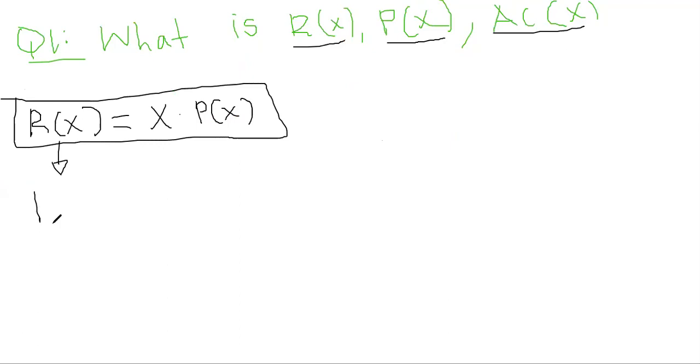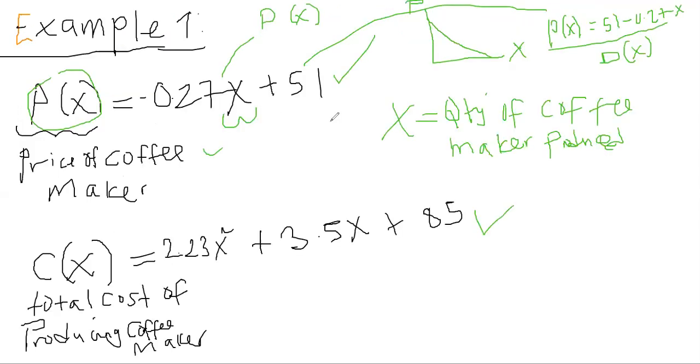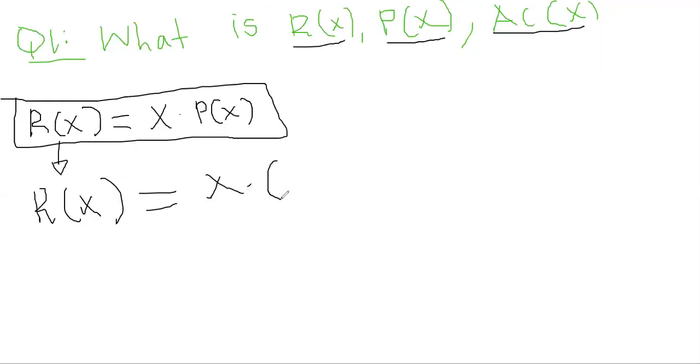So we'll have Rx as x times this function, which is given to us here. So we put it in brackets: minus 0.27x plus 51.